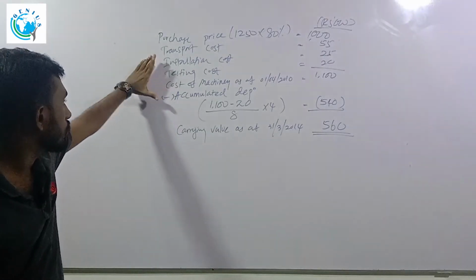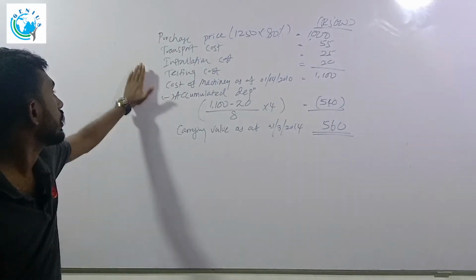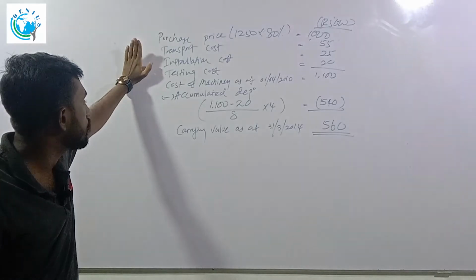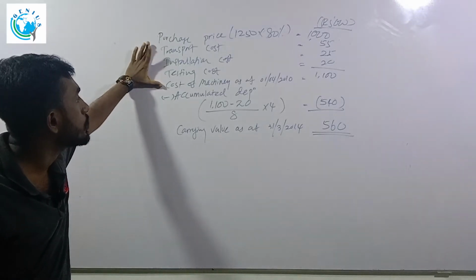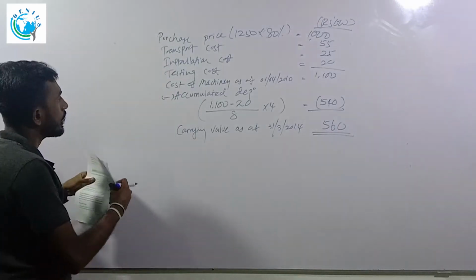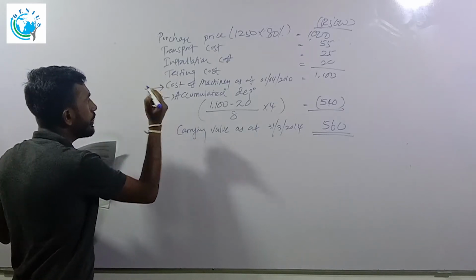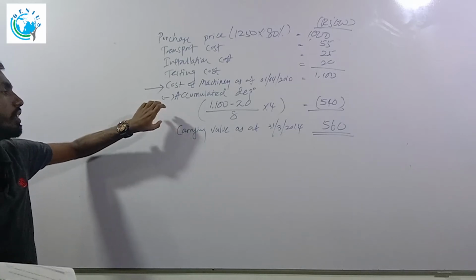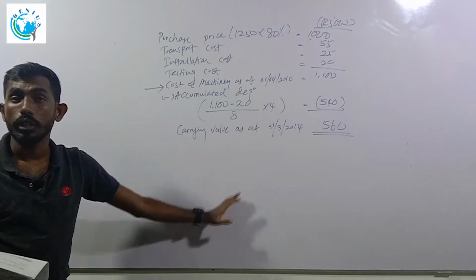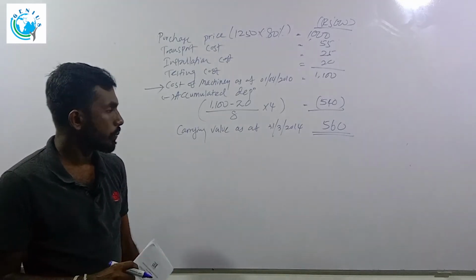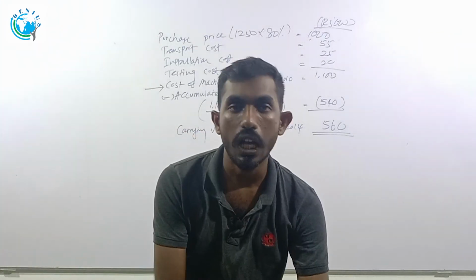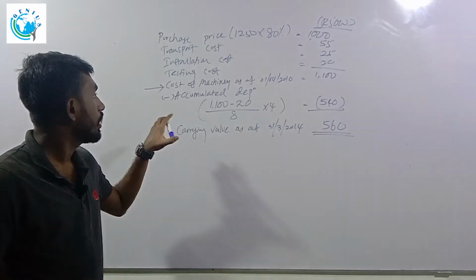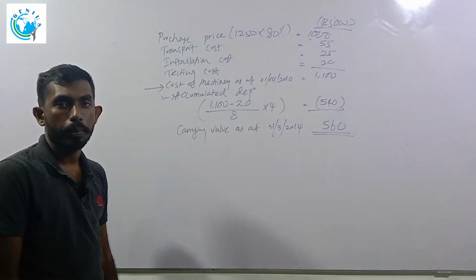I think from this question you have a crystal clear understanding of how to calculate the cost of PPE. The calculation of depreciation and carrying value is from level 1. So this is the first half of today's discussion, deciding the cost of PPE.